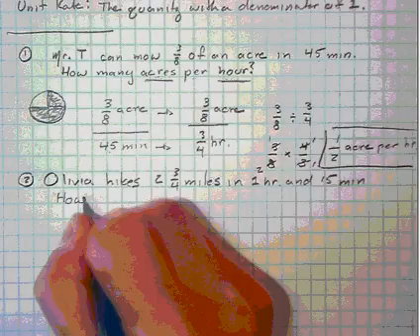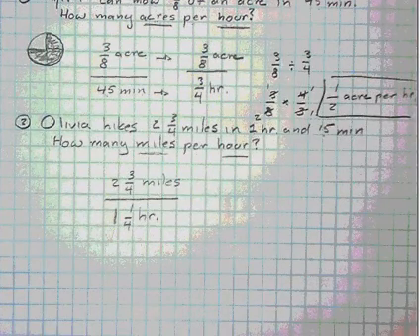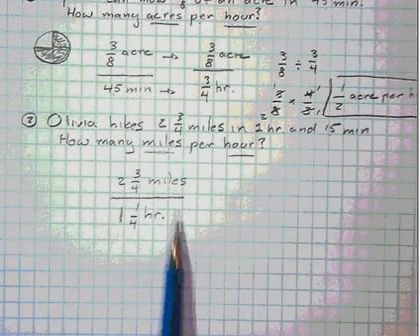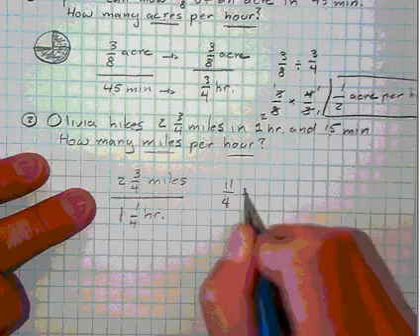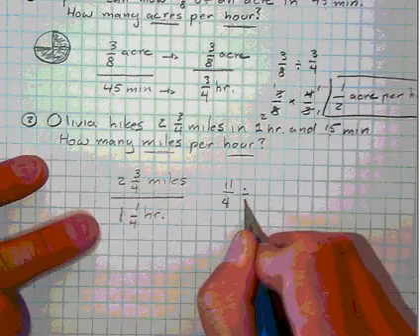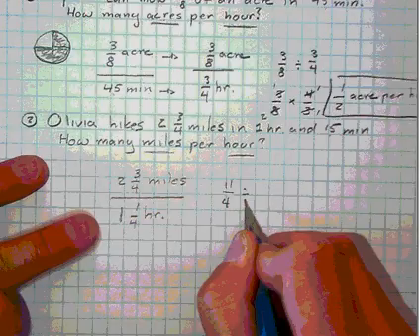So we got 1 hour, and then we got to change 15 minutes into hours. How many hours is 15 minutes? 1/4. Good. So now, to find our unit rate, we divide numerator divided by denominator. 8, 9, 10. That gives us 11 over 4 divided by 5 over 4. 1 and 4 plus 1.